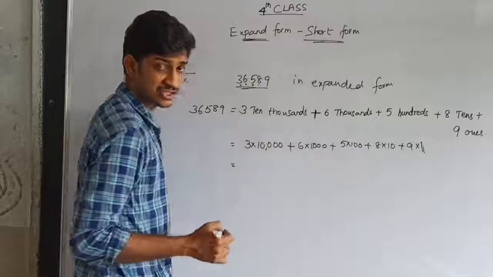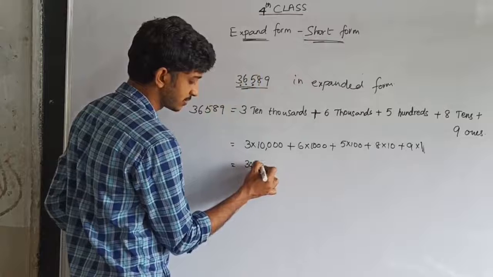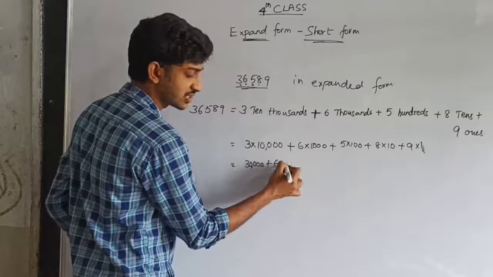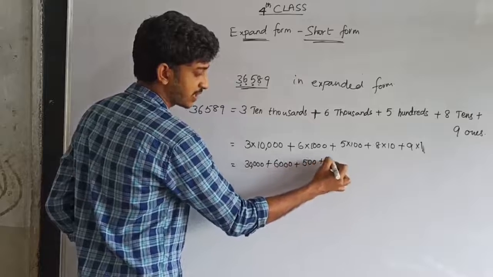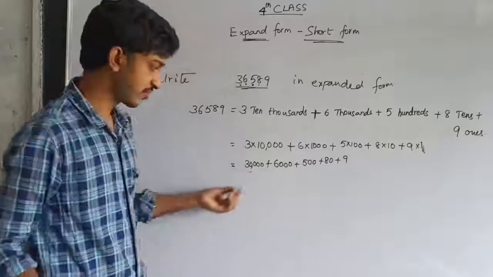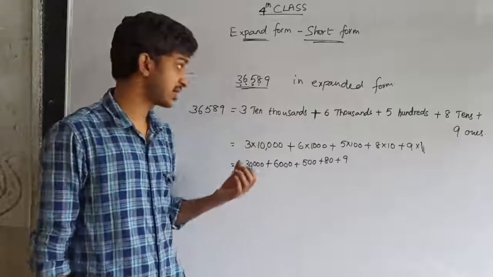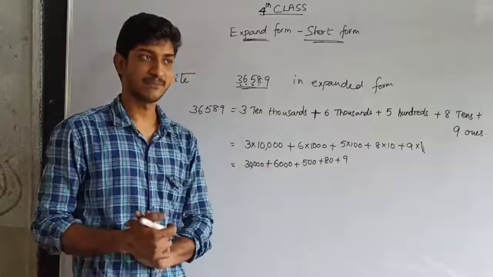So 3 into 10,000 equals 30,000, plus 6 into 1,000 equals 6,000, plus 5 into 100 equals 500, and 8 into 10 equals 80, 9 into 1 equals 9. So this is the expanded form of the given number 36,589. Like this we have to expand the number.